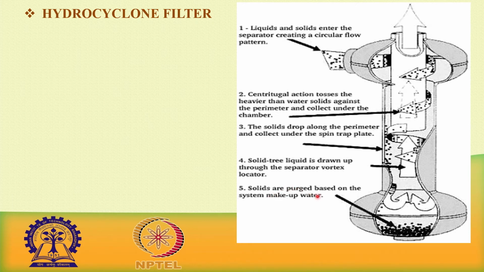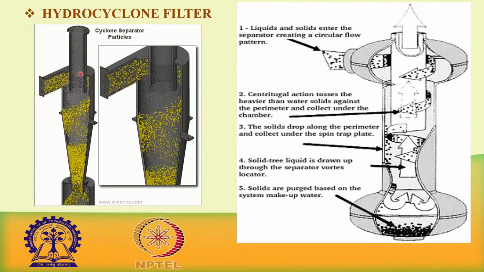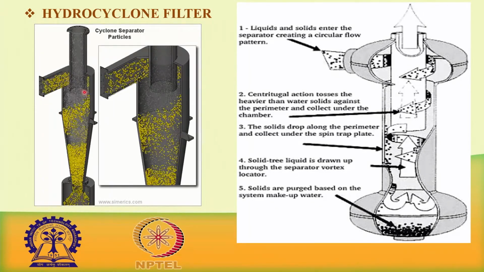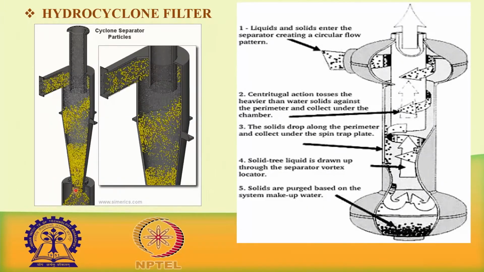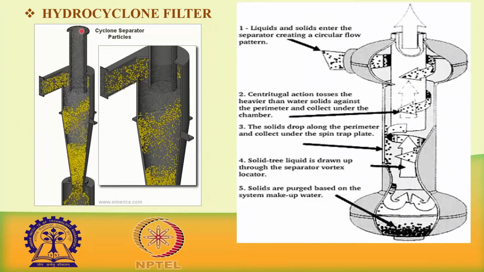So, solids are purged based on the system makeup water. You can see here the animation. So, when the water is entering, this is the inlet end, and then it is going there. So, heavier particles get settled and the clean water comes out of this.